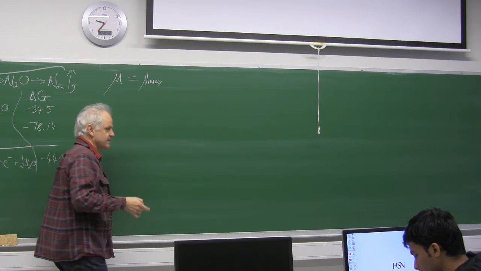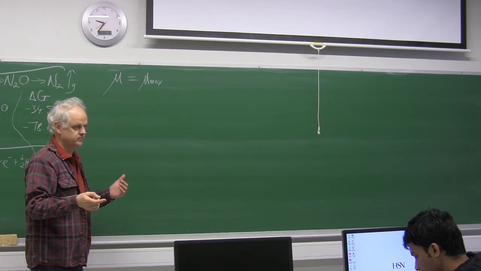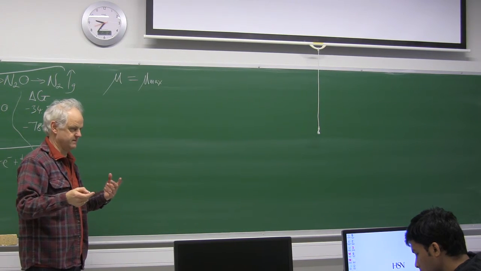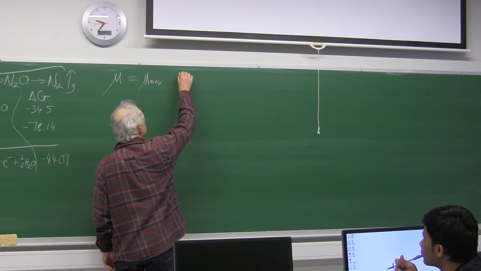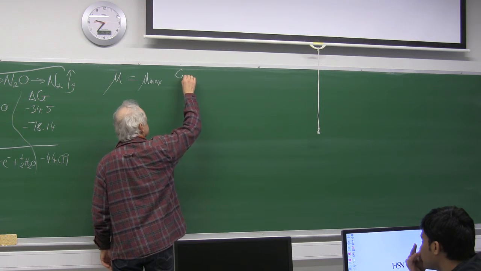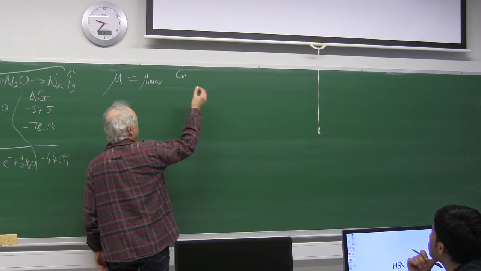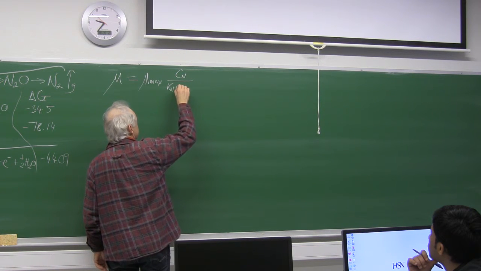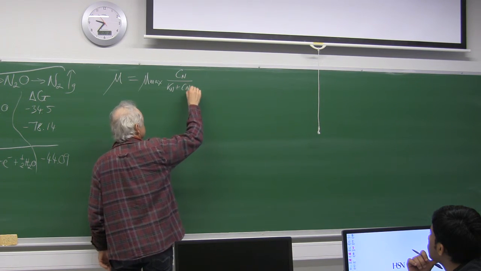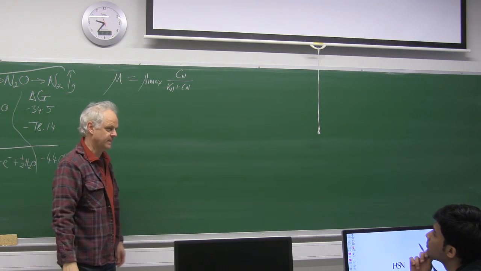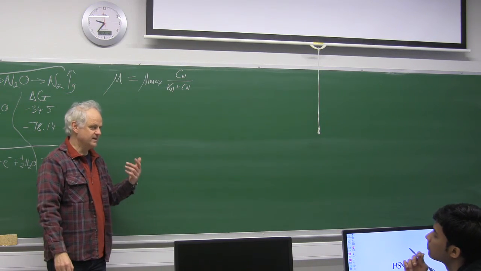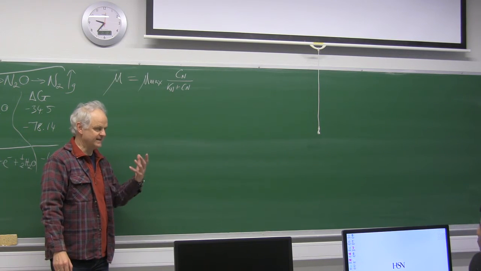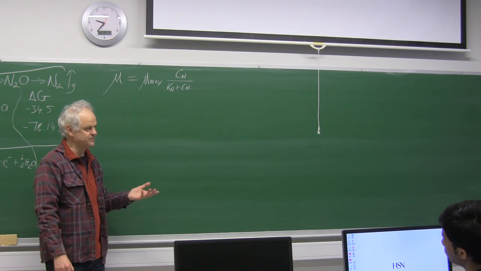And what does it depend on? Concentration of substrate. Right, so we can say Cn for simplicity for ammonia, over Kn plus Cn. That is one substrate, that's kind of the electron donor.